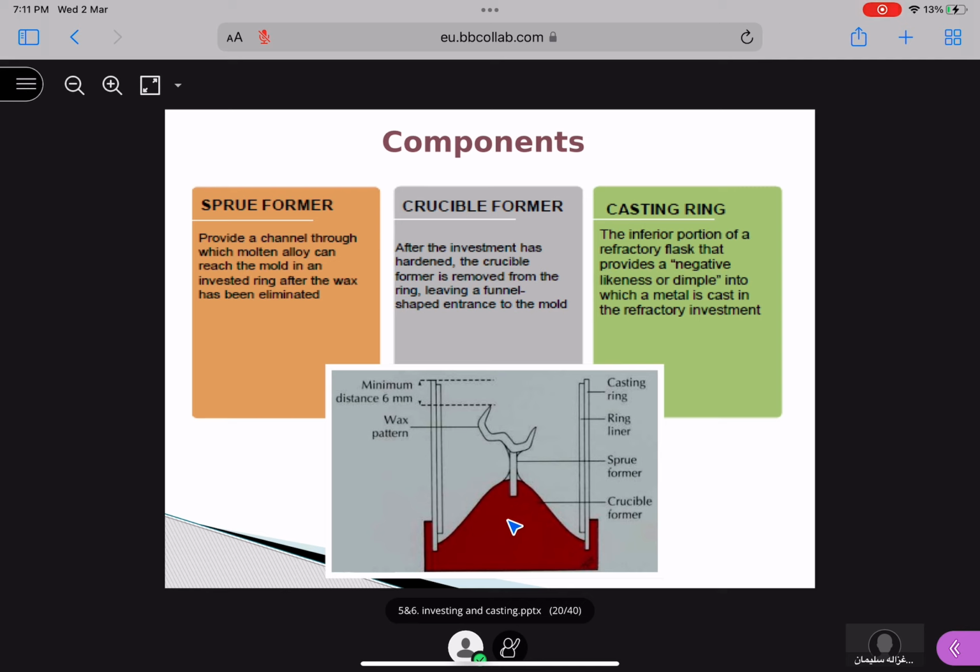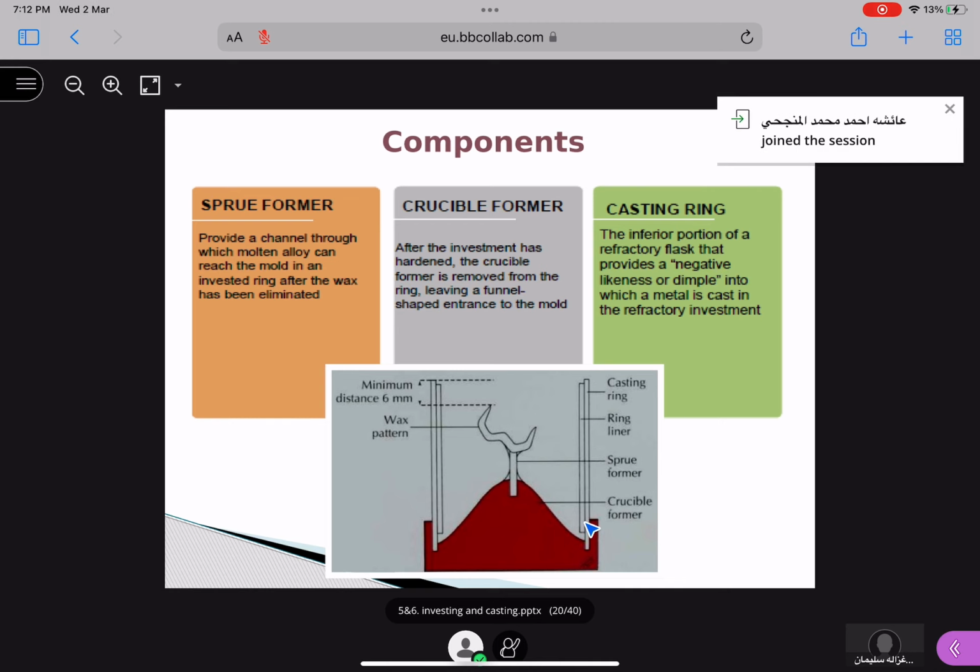In this crucible former, we attach the wax pattern with the help of the sprue. When we are doing this casting, we have to put a ring liner here, which is shorter from above and below. Then we put the investment in between.